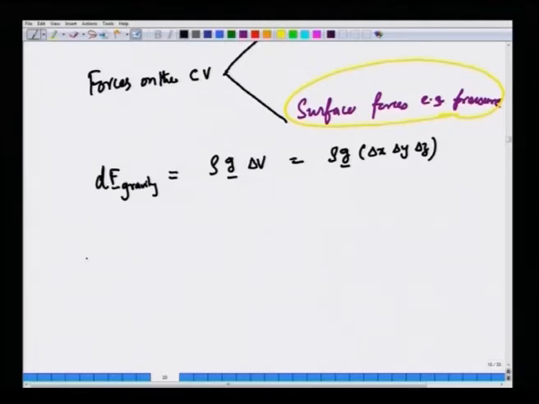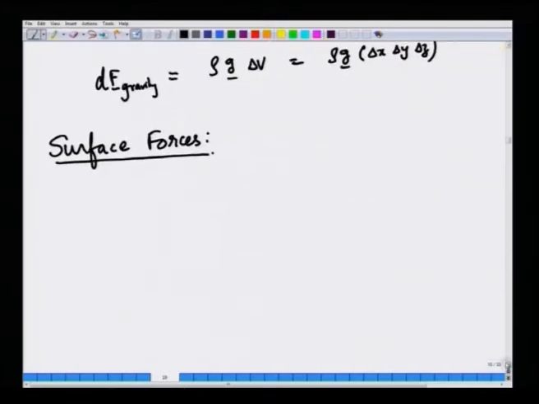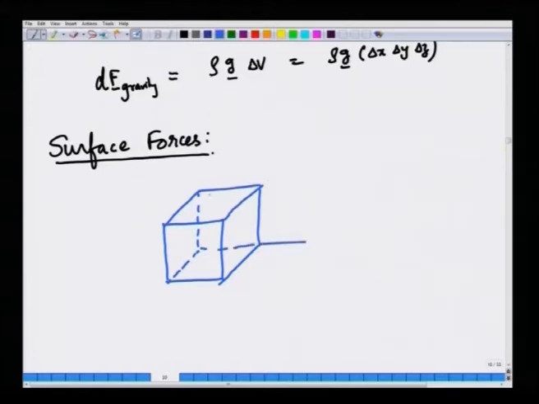So, surface forces. Now, if you look at this cubic element, let us draw the cube again. The cube has 6 faces, x, y, z.